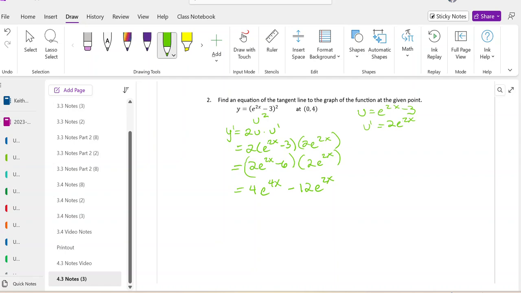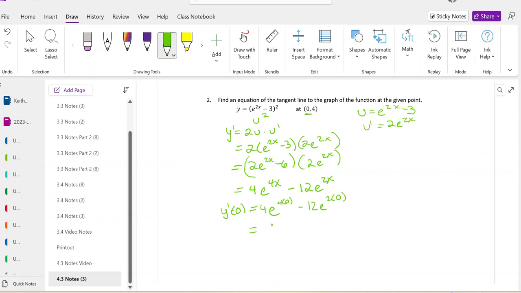And remember that we're going to put 0 in, right? Because that's the x coordinate. So it's going to be 4e to the 4 times 0 minus 12e to the 2 times 0.